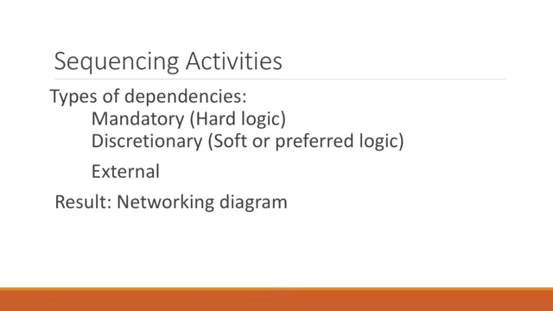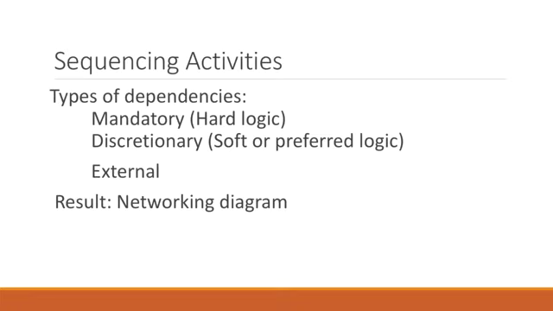Now we're talking about external dependencies. External dependencies are those that are not part of your project, are outside the scope of your project, but still will have an influence on your project. If you're thinking about the installation of a new operating system, and the software depends on the delivery of new hardware from an external supplier, something you have no influence on, even if the delivery of the new hardware might not be in your scope, that's a dependency you need to account for within your project.